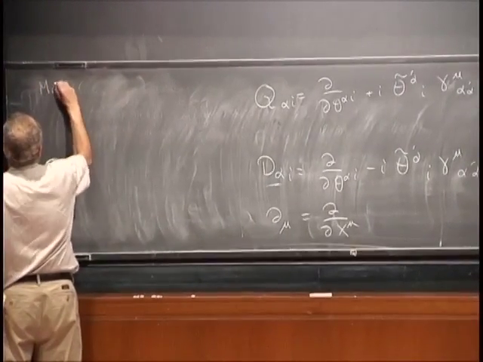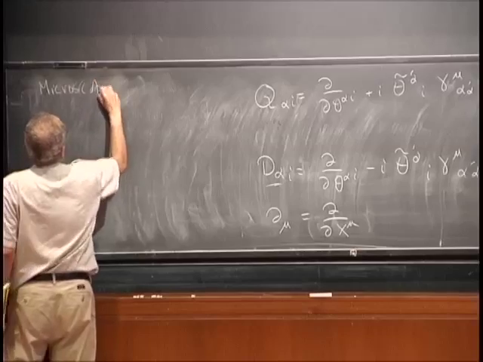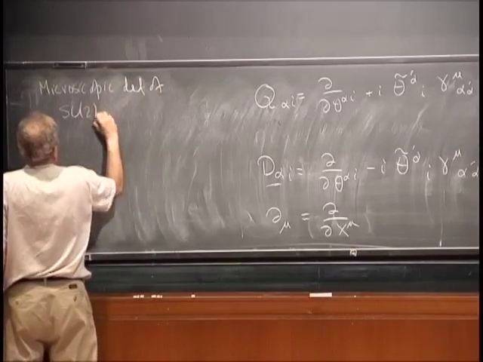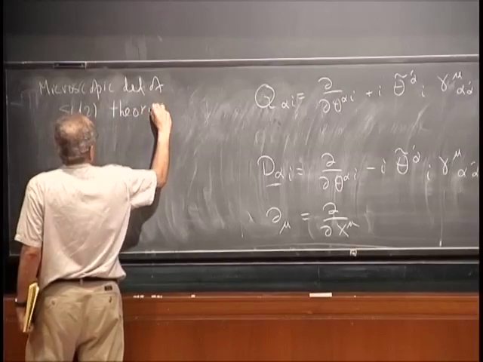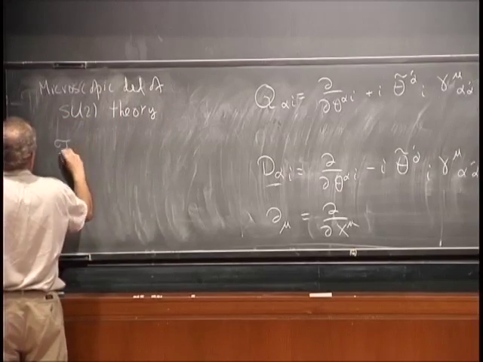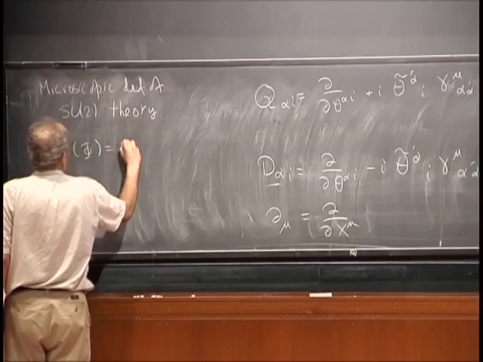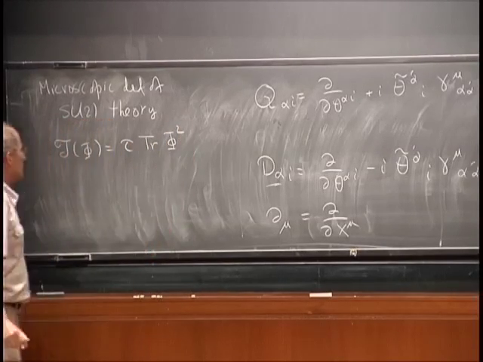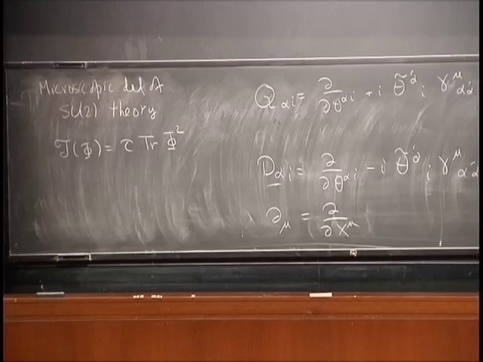So the microscopic definition of the SU2 theory: we take f of phi to be tau times the trace of phi squared. I took the trace because phi is in the adjoint representation, so I take the trace to make it SU2 invariant, gauge invariant.